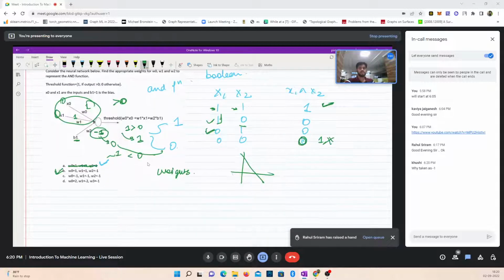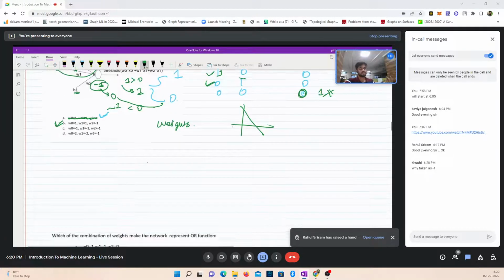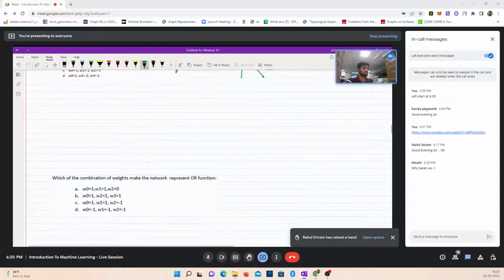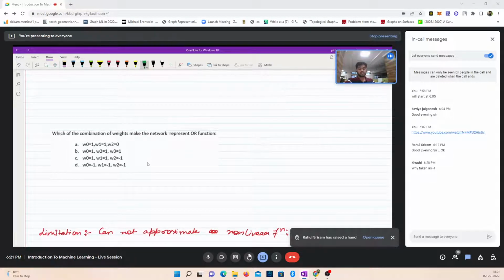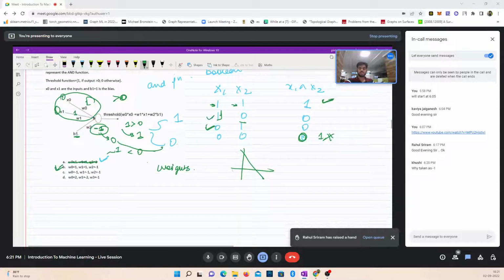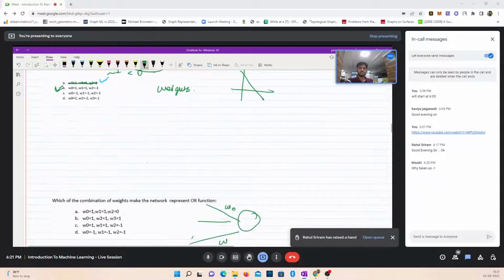So different weights are possible for the same data set, but you would have landed at some weights. Again, our network is the same. So we have something like this. This is W0. This is W1.